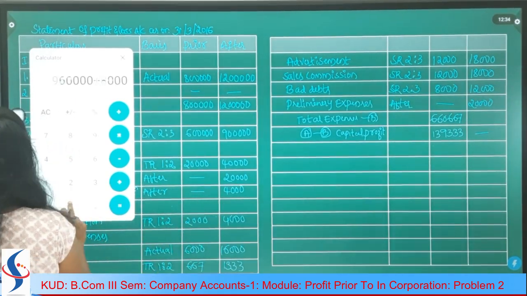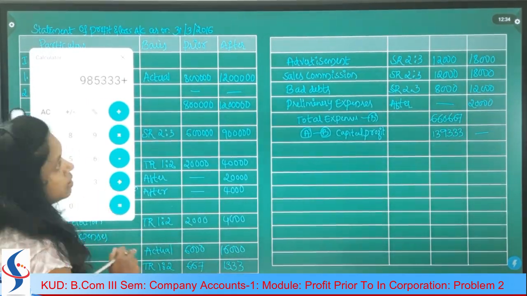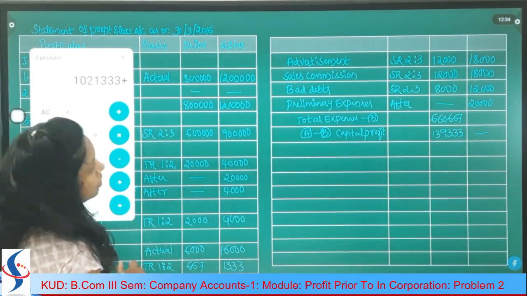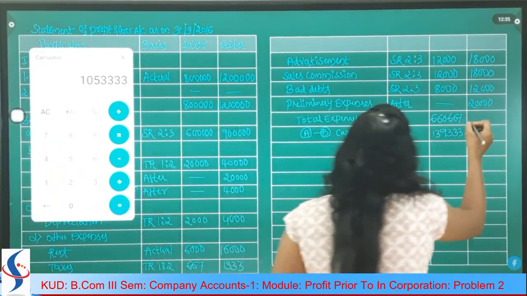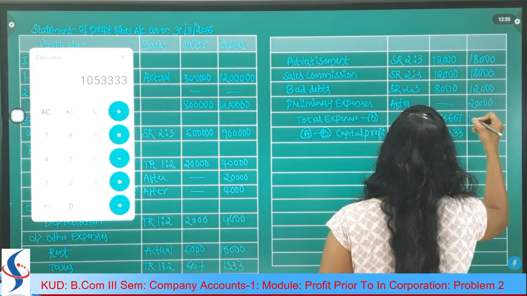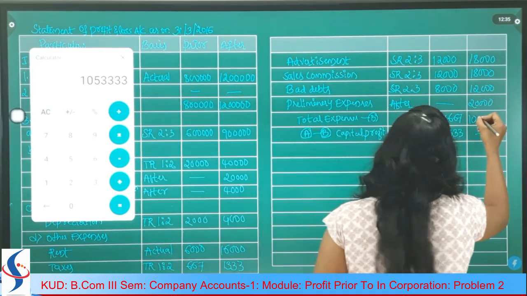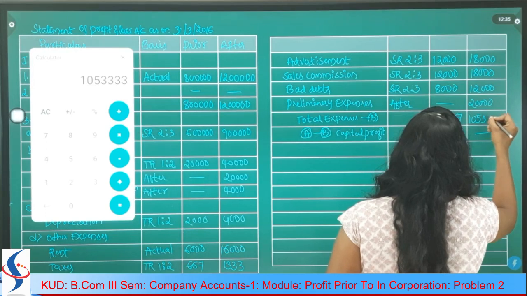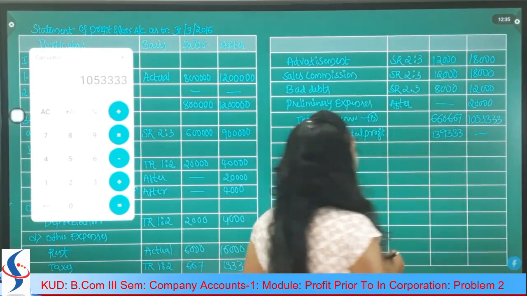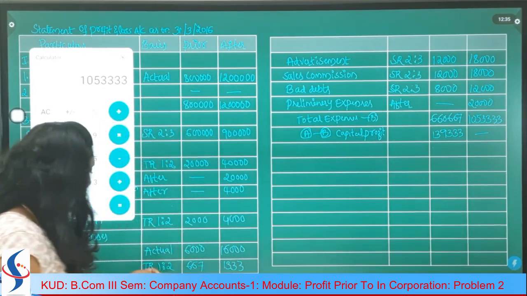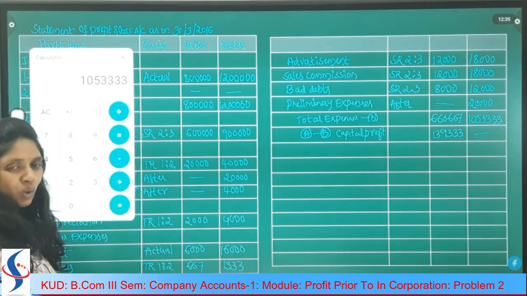Plus 48,000 plus 16,000 plus 1,333 plus 80,000 plus 18,000 plus 12,000 of added and 20,000 of operational expense, which is 10,53,333. This odd amount will come because we have divided 2,000 tax using 1:2 ratio.